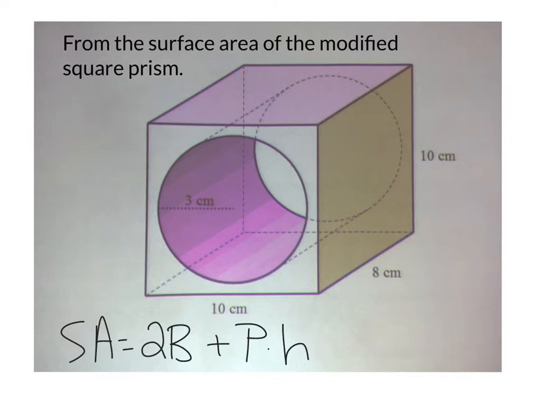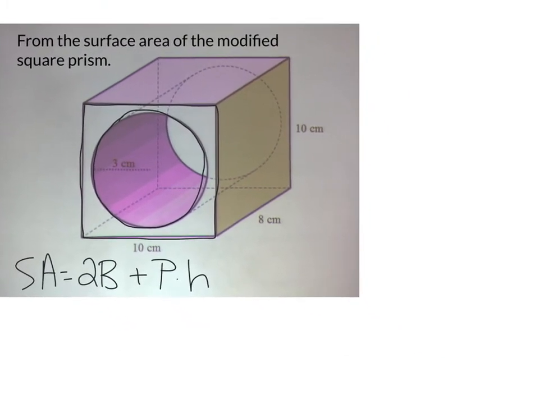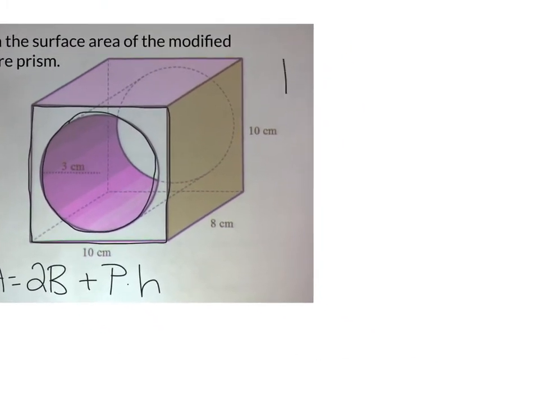So our base is this square, 10 by 10 square, that has a circle cut out of it. So when we find the base area, we're going to have to do a subtraction problem. So the base area is a square minus a circle. We have less area for our base.